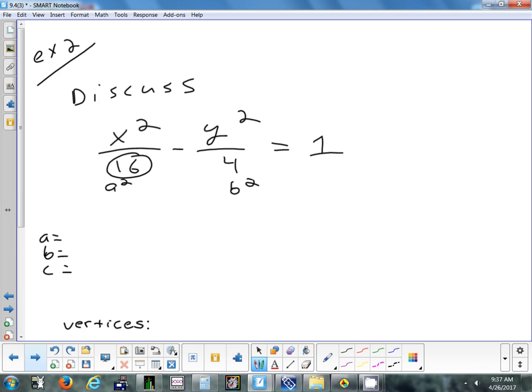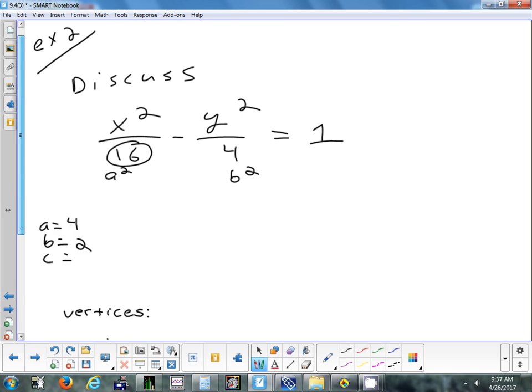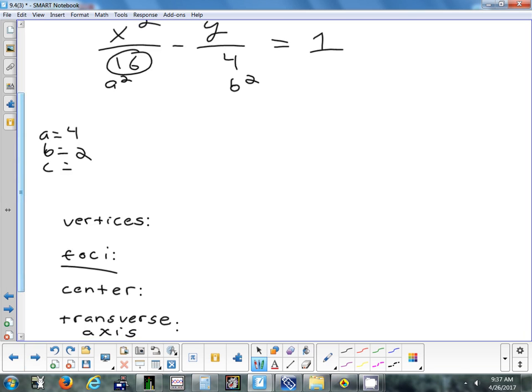That never switches. In an ellipse, it does, but not here. So what's a? And b? 2.